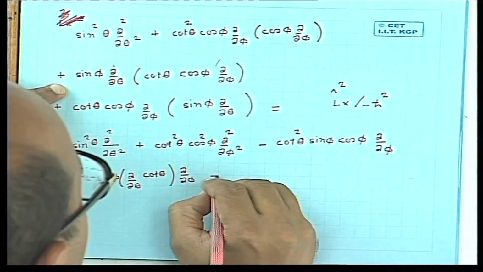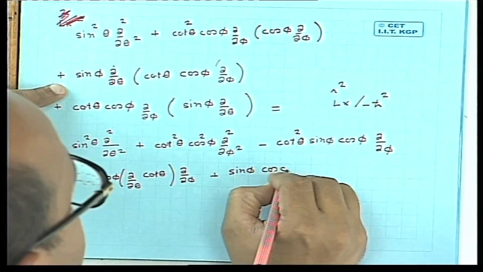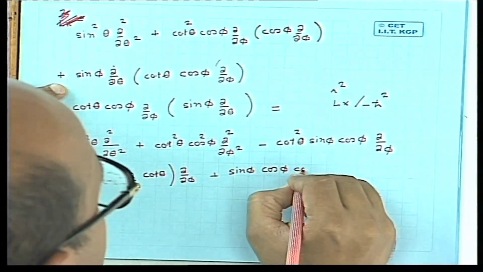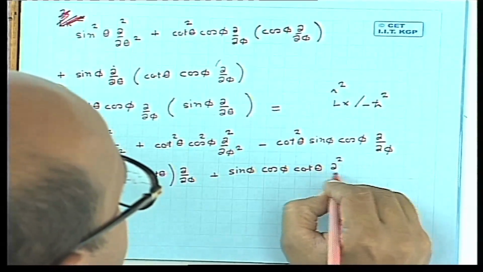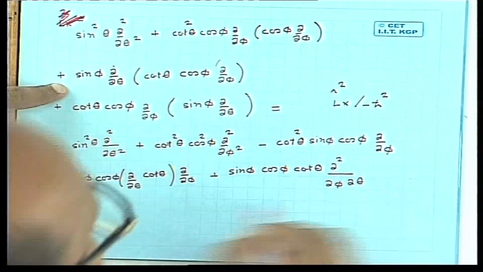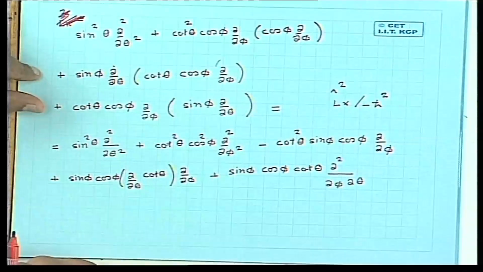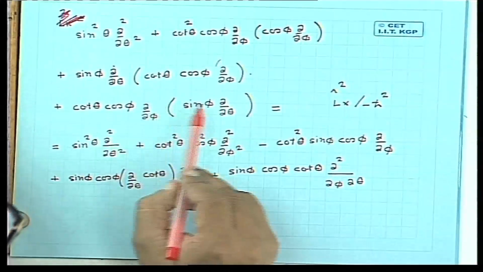And we have one more term which is sin phi cos phi cot theta, and then we have del square by del phi del theta. So this takes care of the third term over here.